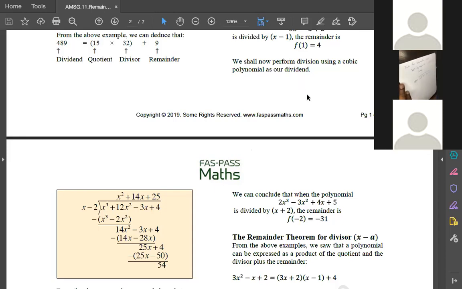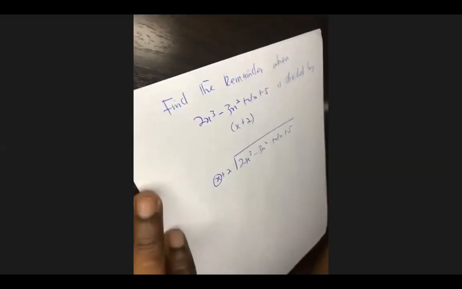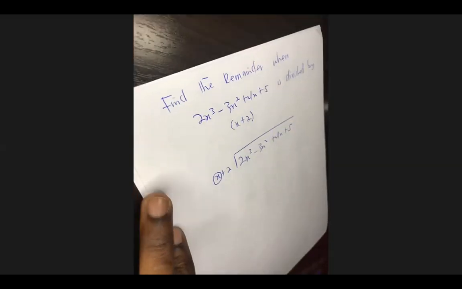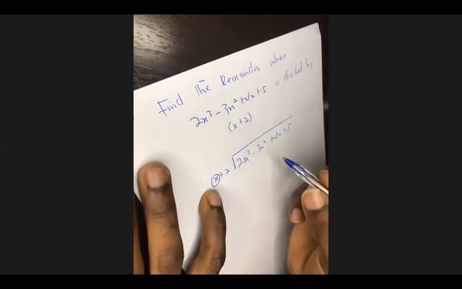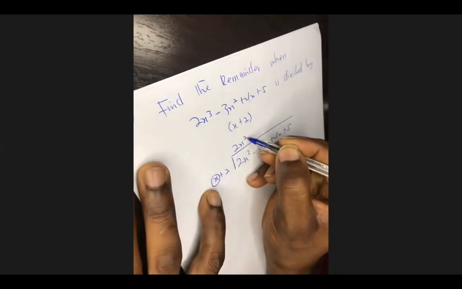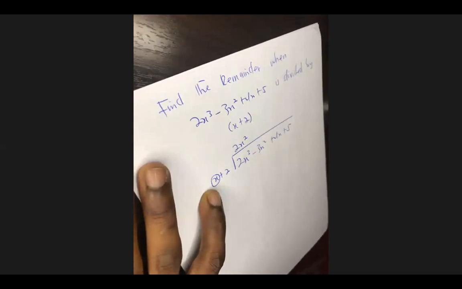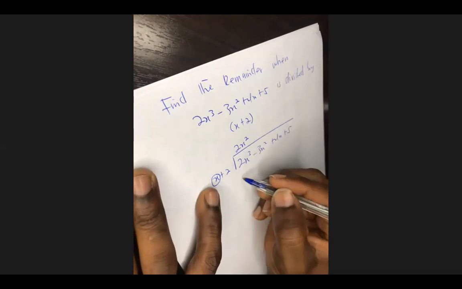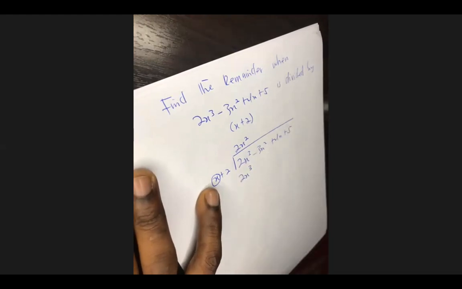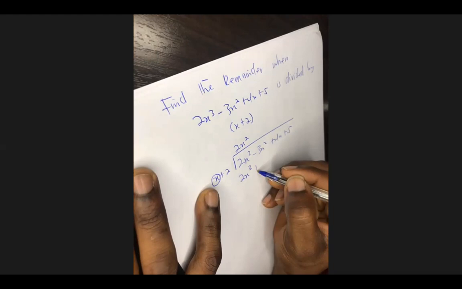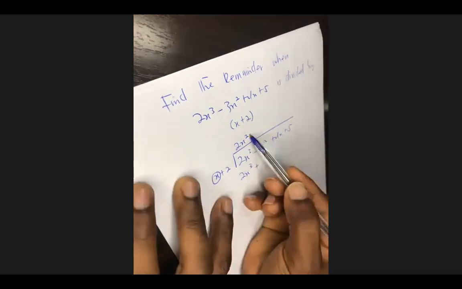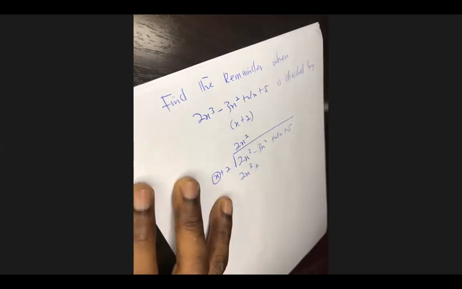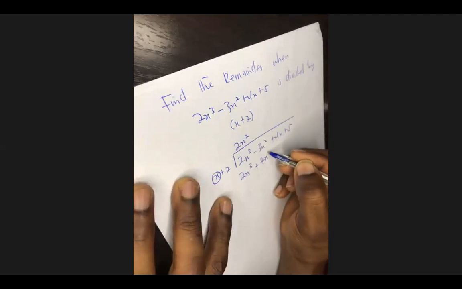So x is going into this guy 2x squared. Now I have 2x squared times x is 2x cubed. Plus, 2x squared times 2 is 4x squared.